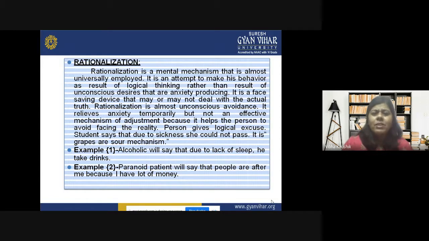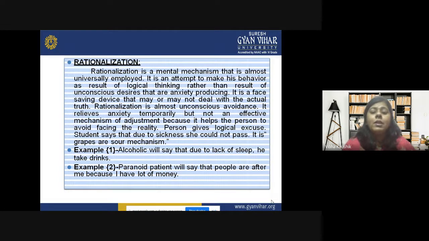It is an attempt to make one's behavior a result of logical thinking rather than a result of unconscious desires in the unconscious mind that are anxiety producing.